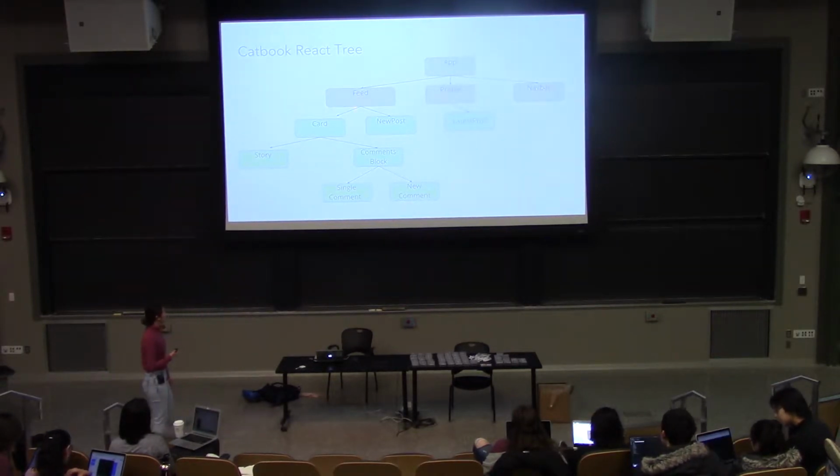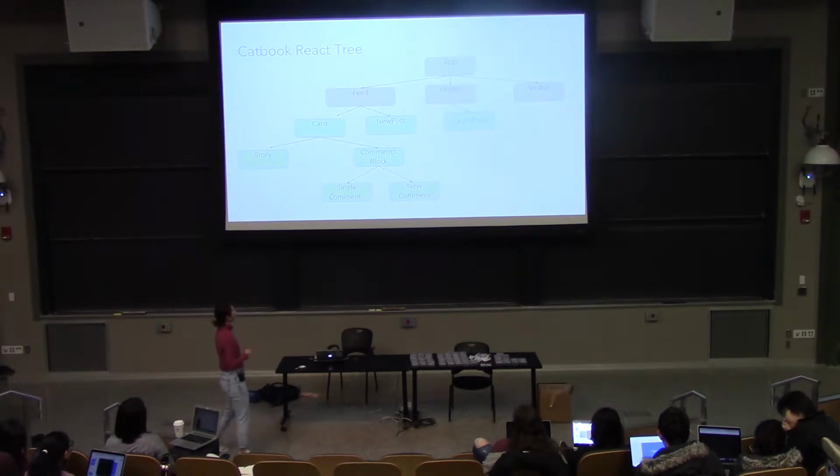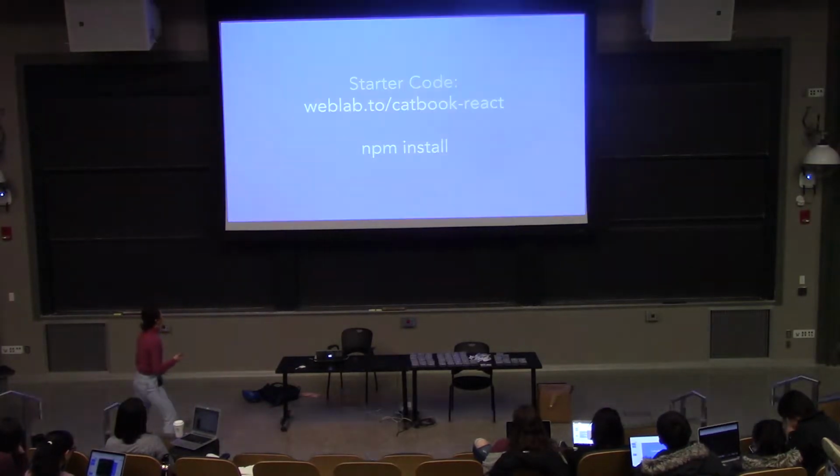And in feed, we have a bunch of cards. We have a new post component that shows up when we are logged in, so we're allowed to post. We have a card component, and inside that card we have a story and a comments block. We split it up for you into single comment, and if you're logged in, a new comment. So don't worry if this was a lot. We're going to be walking through all the coding.